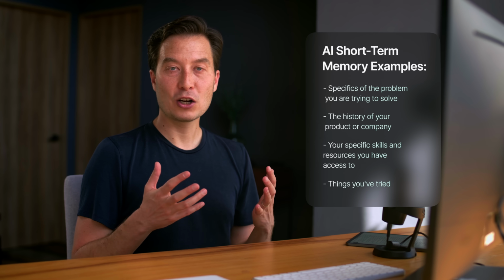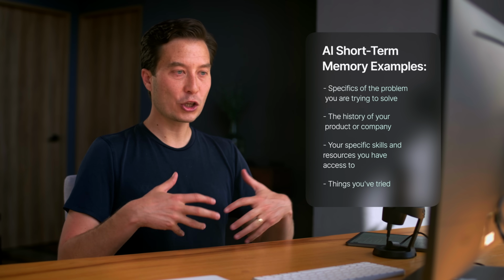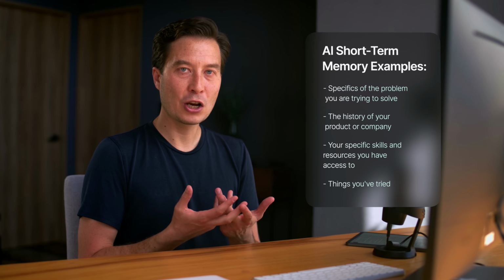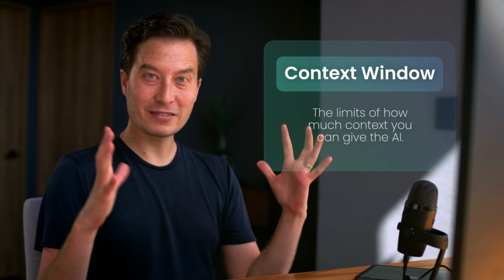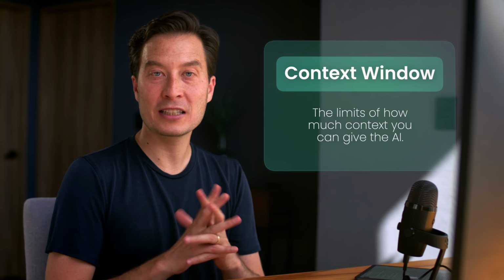That kind of data, which we call your context, is what you supply to the AI for it to know something about you. The context window, this term I keep using, is simply the limits of how much context you can give the AI. Until recently, it was maybe a few thousand words or 10,000 words or maybe 30,000 words. Now, with Gemini 2.0 Flash, that has radically expanded to 25 million words.